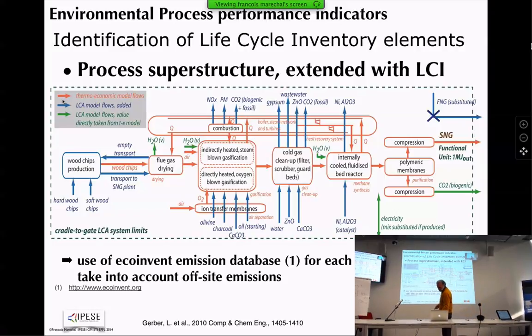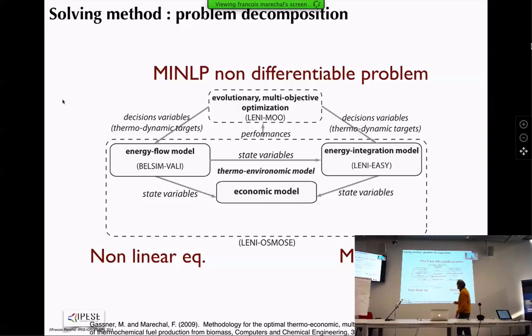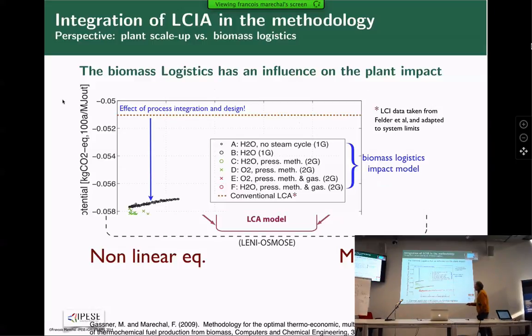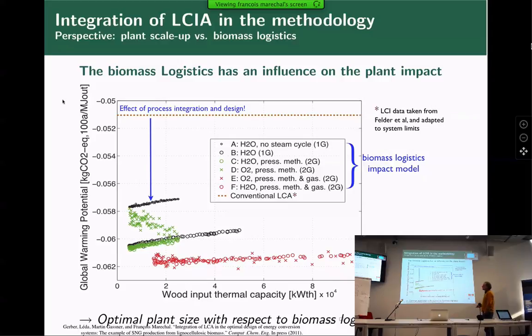And this is why we have attached to the economic evaluation another model, which is the model that is doing the life cycle analysis. To show you what is going to happen now as a function of the size of the gasifier, if you want to minimize the environmental impact, most of the technology says that you have to go to a smaller size, mainly because you have to avoid transporting wood over a too big distance.